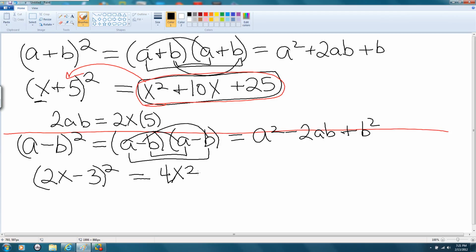And then the b is like 3, so that's going to be plus 3 squared, or plus 9.